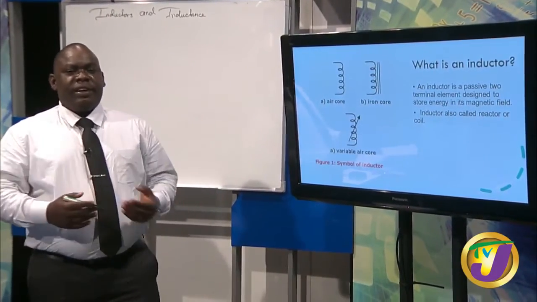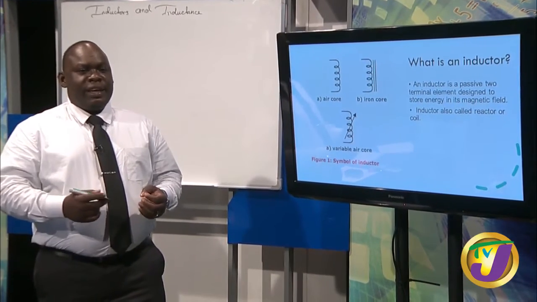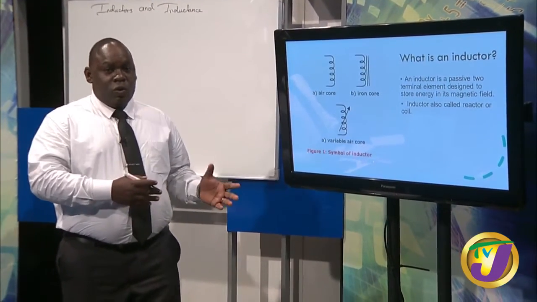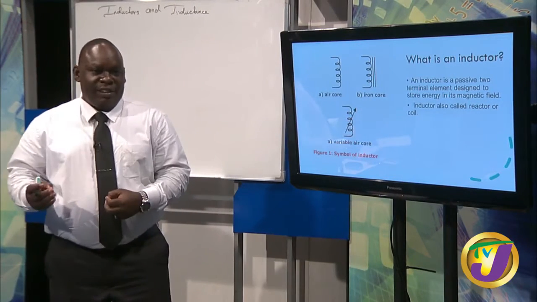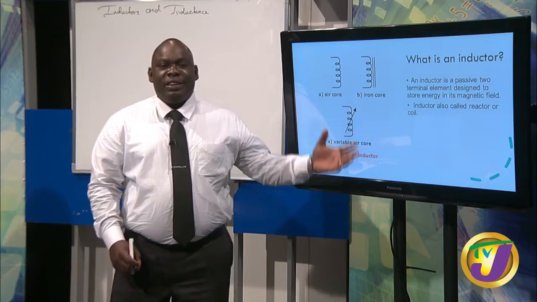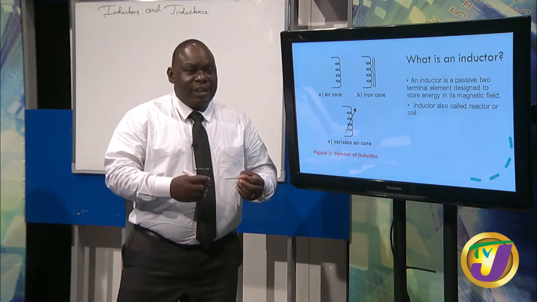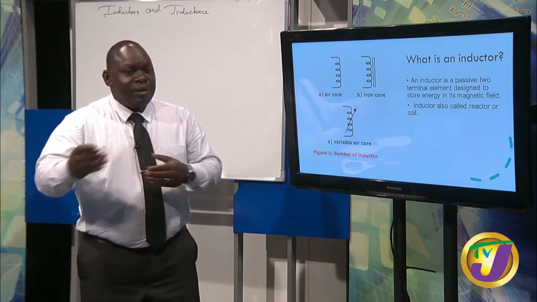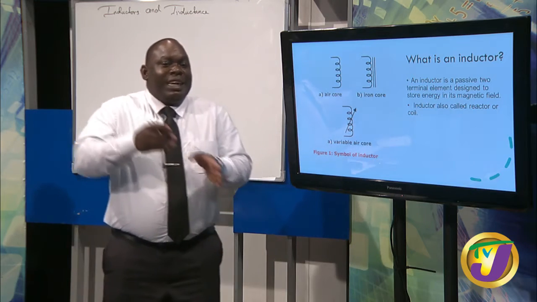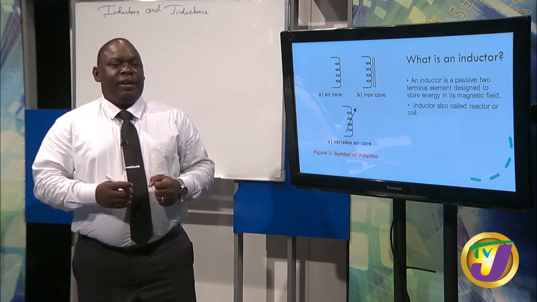Now, our students out there, of course, you'd have already had prior knowledge pertaining to resistors, and you know that resistors oppose the movement of electrons. But you're now learning about inductors, and an inductor offers opposition, but not in the form of a resistor. This type of opposition is to the change in the movement of electrons.